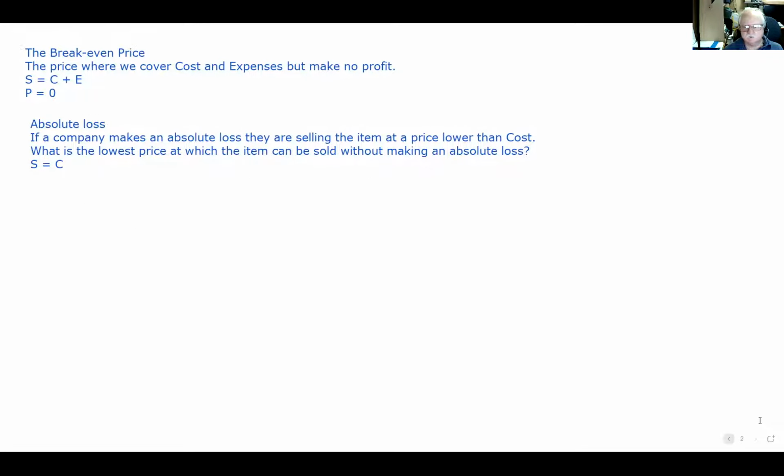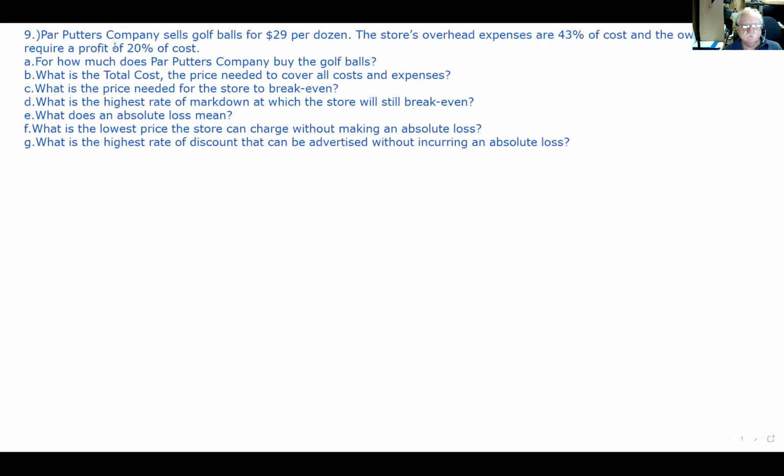So let's go back and look at this question where they're using these concepts. Par Putters Company sells golf balls for $29 per dozen. So they're fairly clear about their selling price. S equals 29.